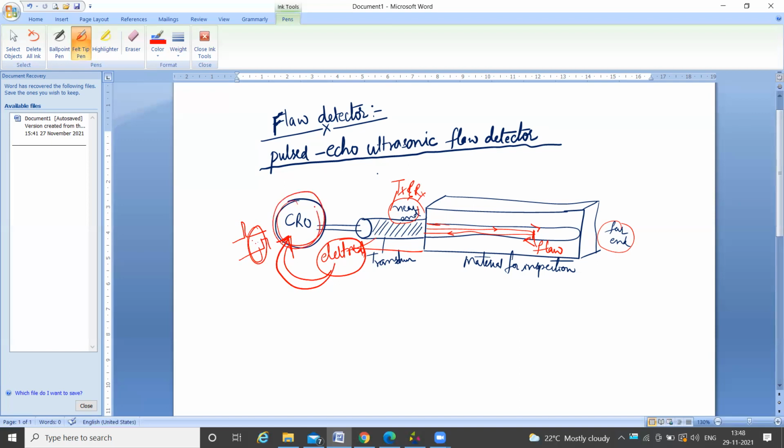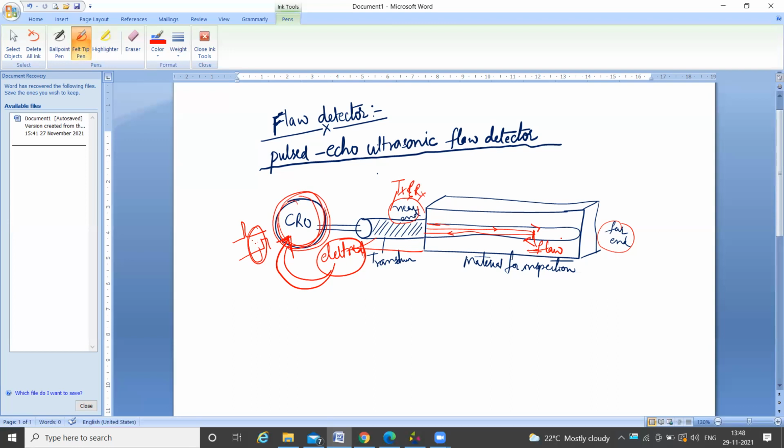So we come to know at what depth the flaw exists, and the distance between the flaw and the near end of the material can also be displayed on the CRO screen.